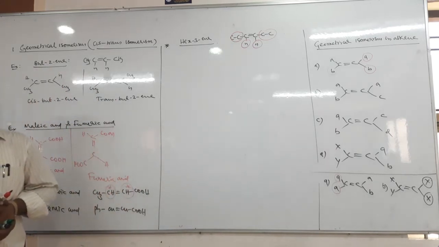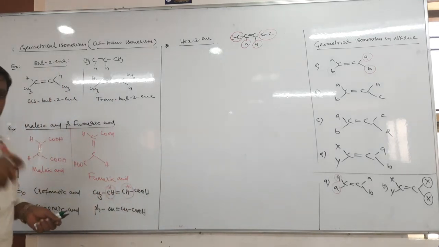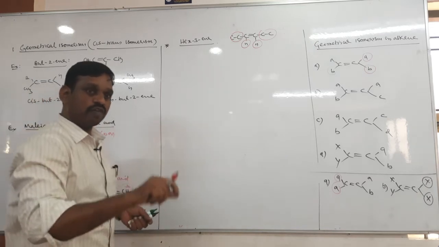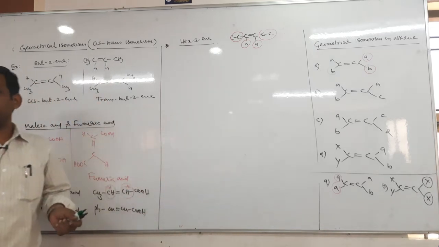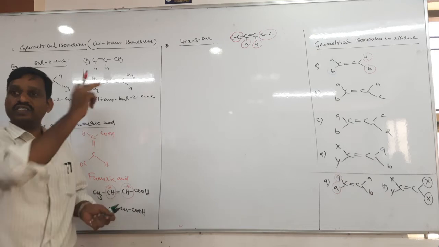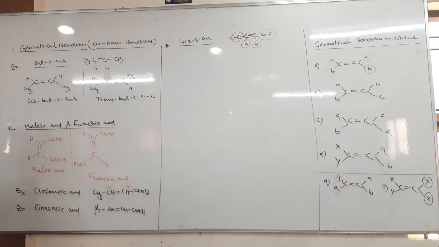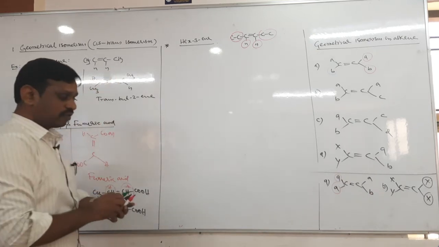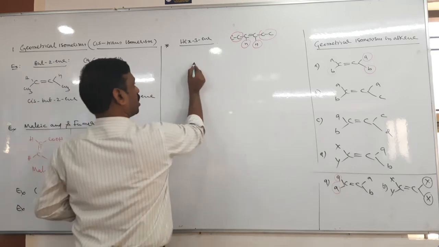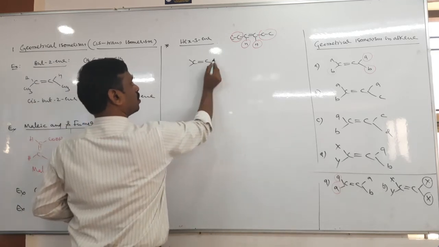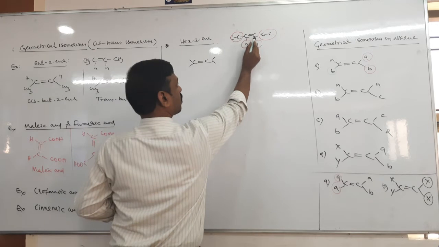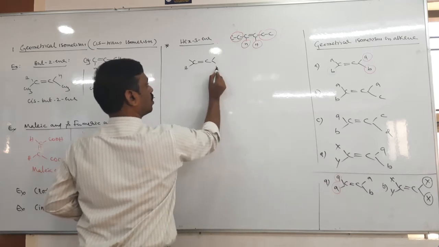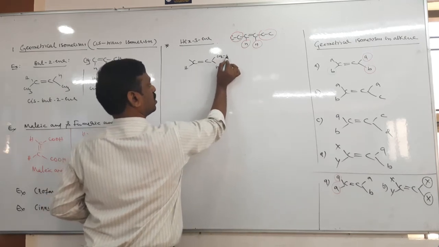That's it. So the expected questions here are which can exhibit geometrical isomerism and which cannot. You have to write the structure and identify the answers. So will you write cis and trans for that? It is a carbon-carbon double bond. On the carbon-carbon double bond, one side hydrogen, and this is ethyl.